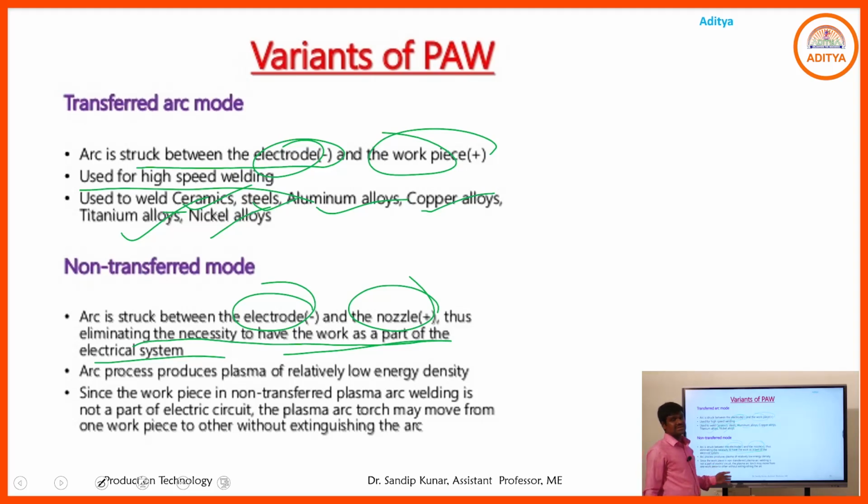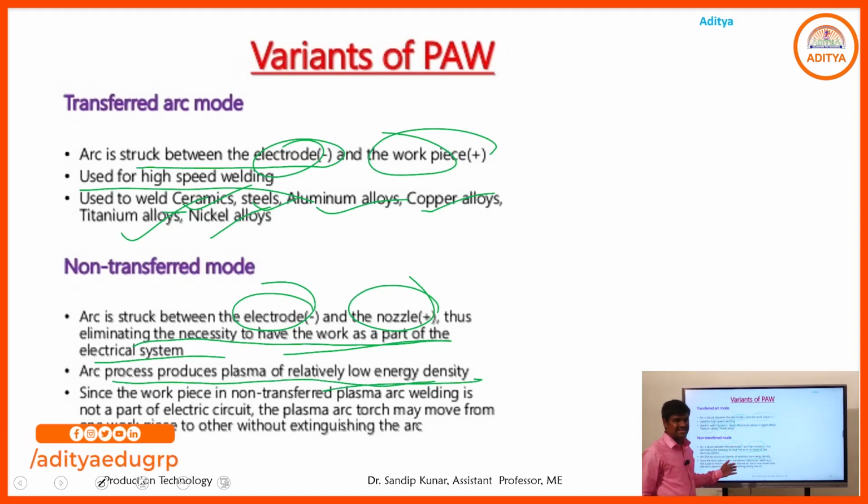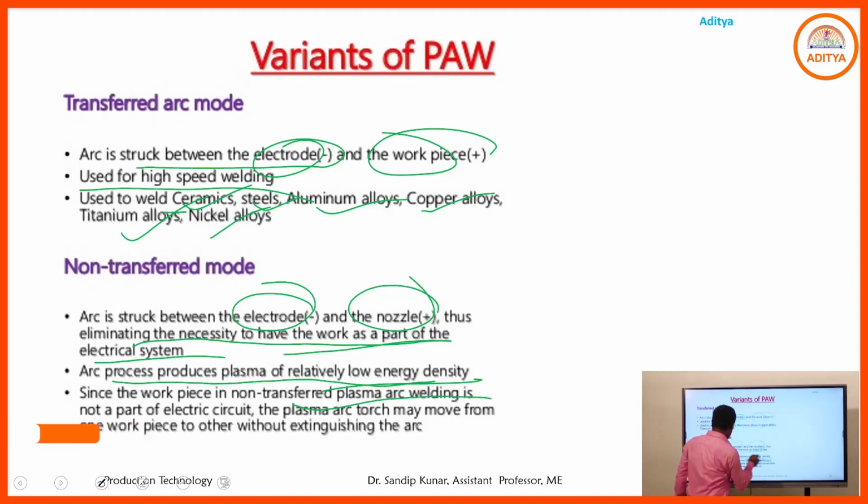The process produces plasma of relatively low energy density, and that is non-transfer plasma arc welding, where the workpiece is not part of the electrical circuit. The plasma torch may be moved from one workpiece to the other without extinguishing the arc, and in that way it heats the welding faces and creates the weld.